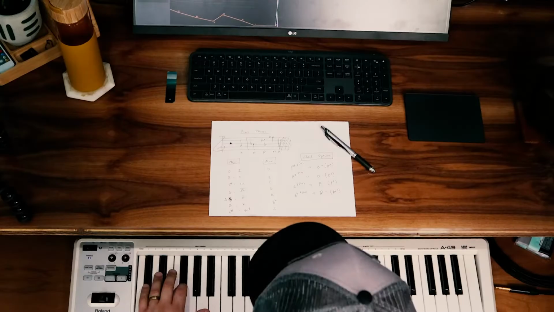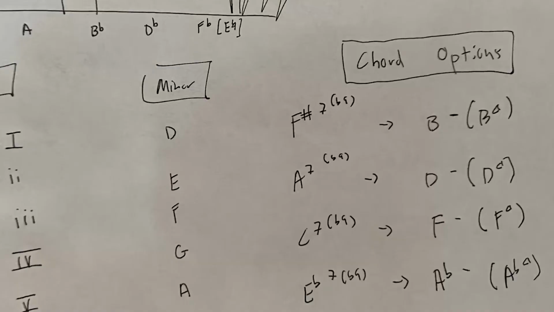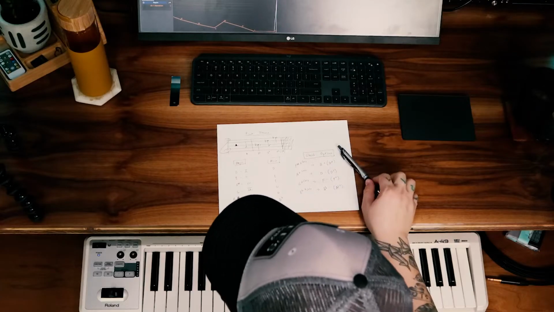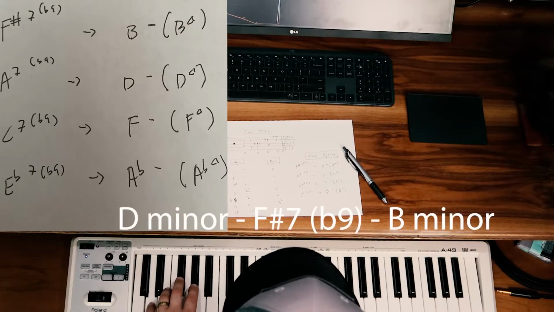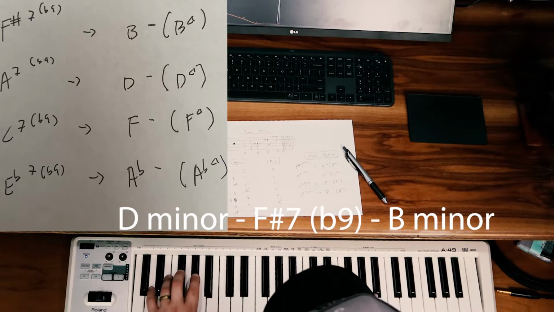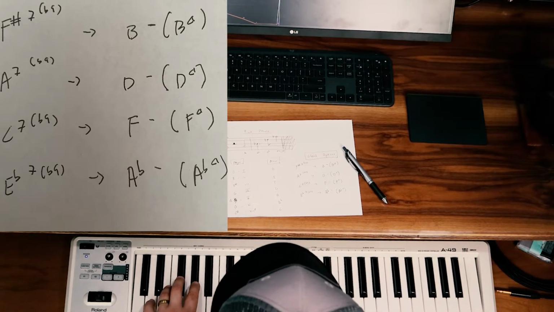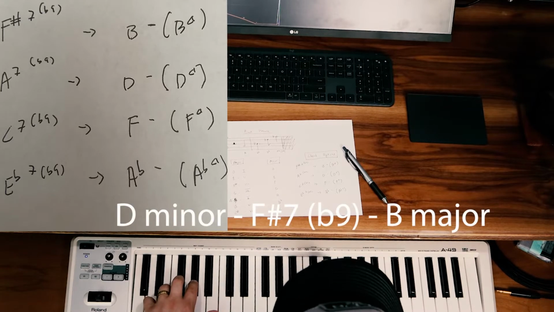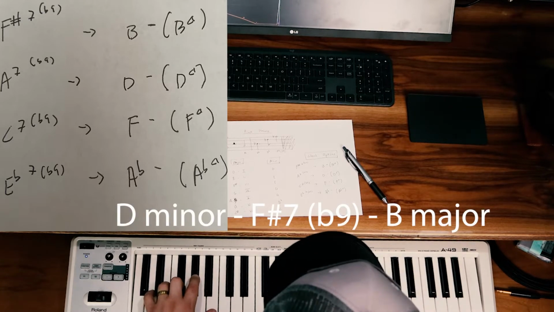This now with the bass note of an F sharp, this A sharp, C sharp, and then E and the G, it's a 5 chord, and the 5 chord of B, either major or minor. So you could approach this going from D minor to B minor, or you can have it go D minor to F sharp 7 to B major.